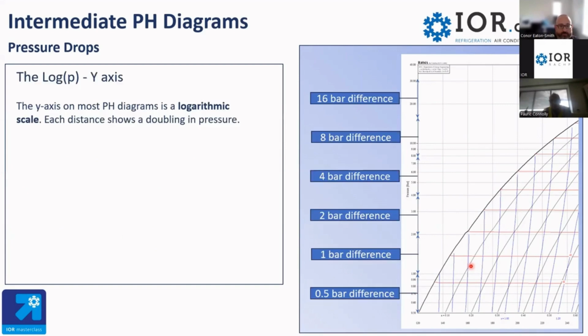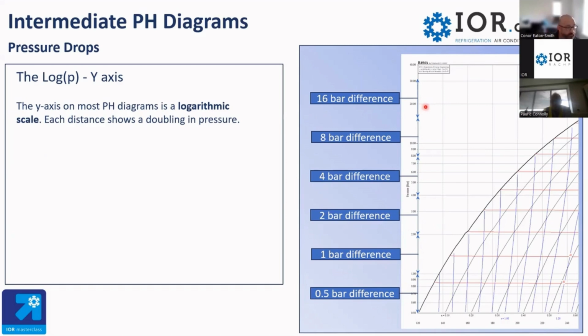But the pressure axis changes. So for the same distance, from 0.5 bar to 1 bar, we cover this distance, and then for the same distance we have a 1 bar difference, and then a 2 bar, so we have a doubling. And that's effectively why it's called a log pH chart. And that is very good for keeping things on one A4 sheet of paper.